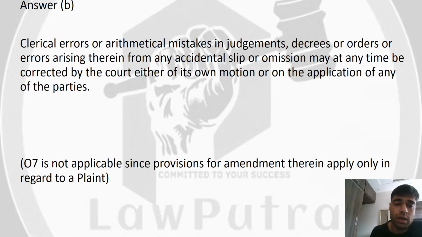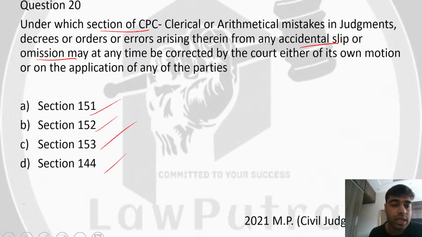Remember, this is about judgments. There is another concept known as amendment of plaint, which is completely different; that is for changes to be made in the plaint. But this is for the judgment, which is final. So that is given under Section 152.